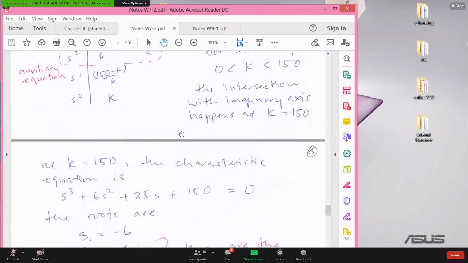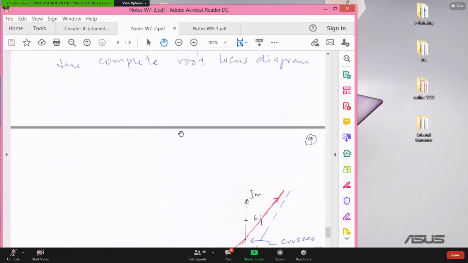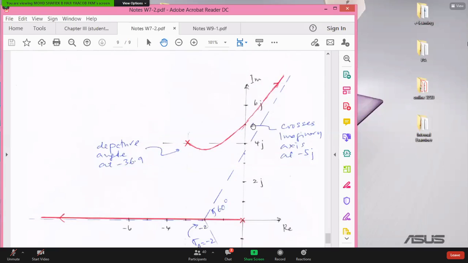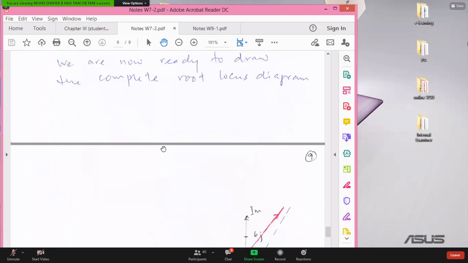The Routh table, the Routh stability criterion, because the value of K there is going to make the system marginally stable. So we can determine the point where the locus crosses the imaginary axis from the Routh table.